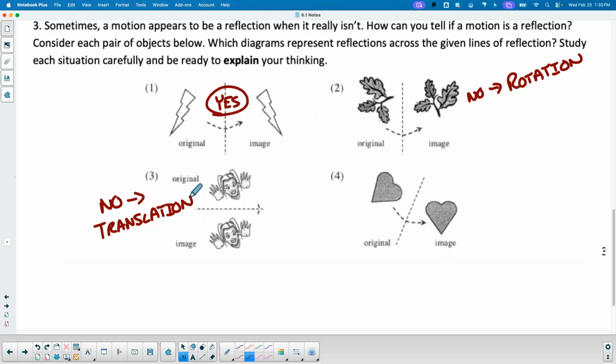What about 4? Reflection, not a reflection. You think so? You think? What do we think? Reflection, not a reflection here in number 4. So if it were a reflection, I suppose they're not really parallel.